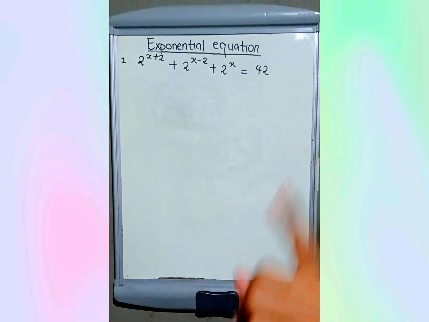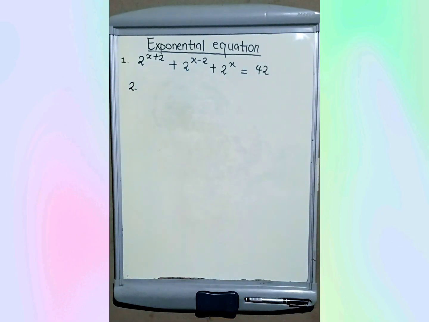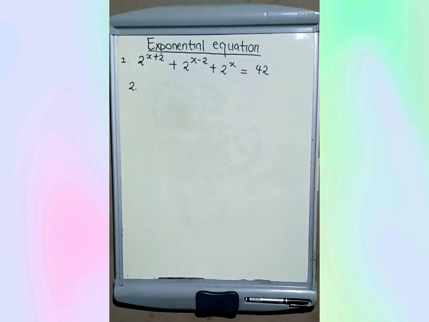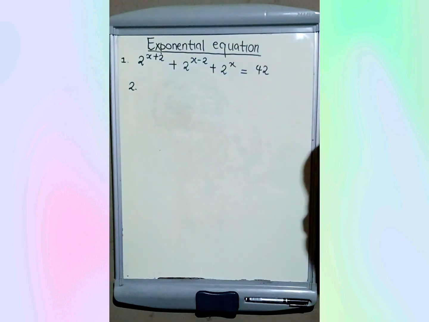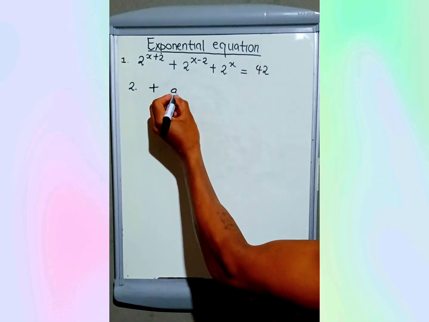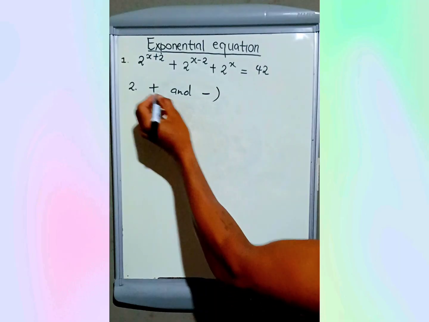All right? Then the second rule says that if now you want to solve the sum, you need to check what sign we have between the terms.